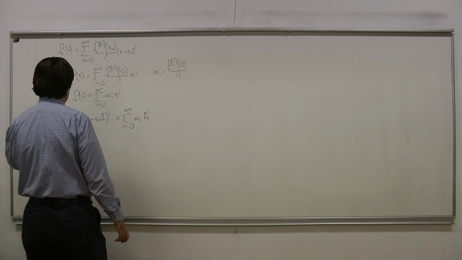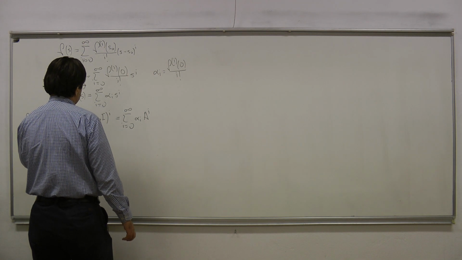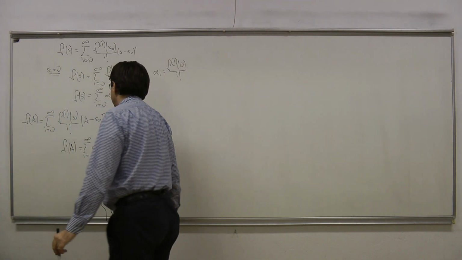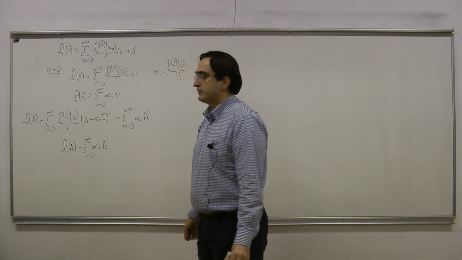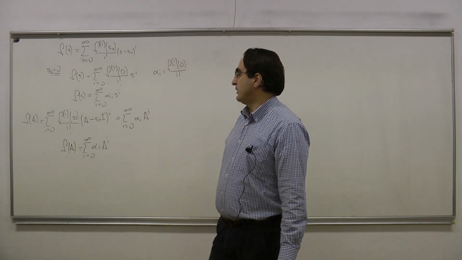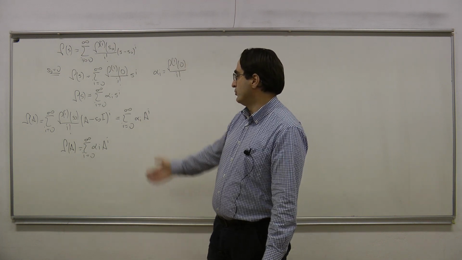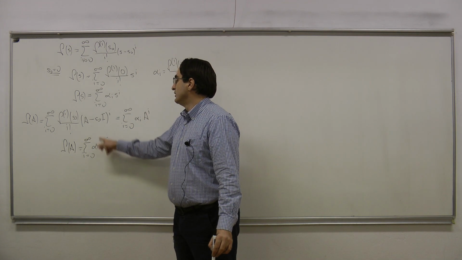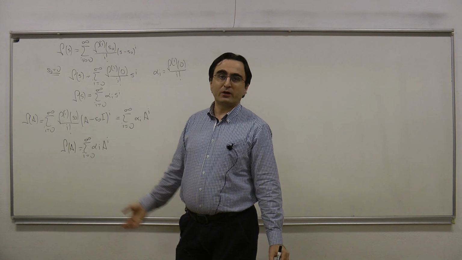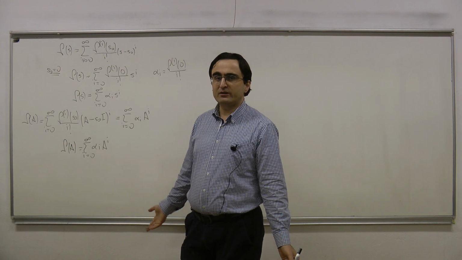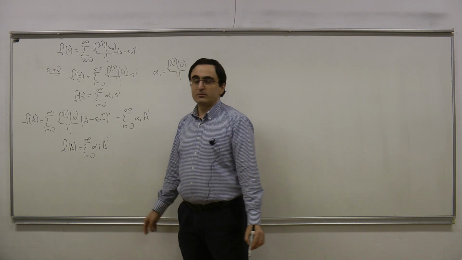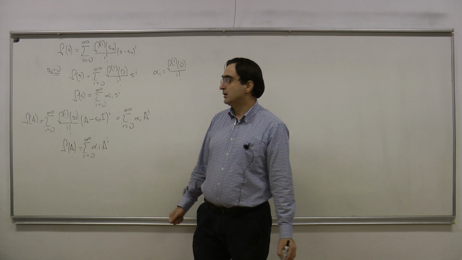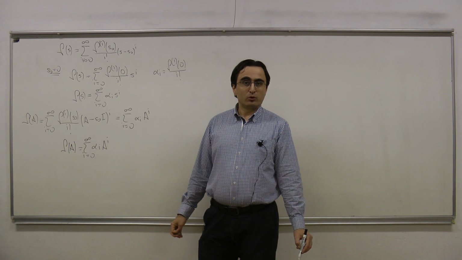So what did we do last time? Remember, we started with f of A, which is given by this definition with A to the I, and then I wrote this as a polynomial. I reduced the number of terms in this infinite summation into a finite number of terms. How did I do it? We did it using the Cayley-Hamilton theorem, or the equivalent of Cayley-Hamilton applied to the minimal polynomial.